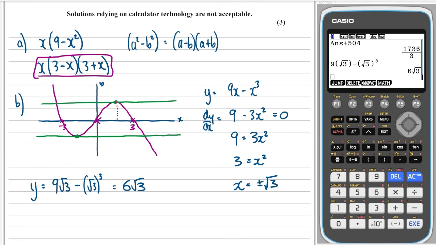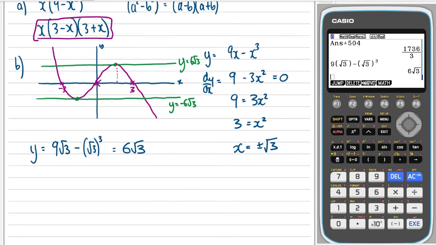Okay, and that will be this line here, that'll be the y coordinate, so it'll be this line, y is equal to 6 root 3. And by symmetry, this one will be y is equal to minus 6 root 3 because it's a perfectly symmetrical cubic. But you could sub in x equals minus root 3 and that would give you minus 6 root 3, sorry.